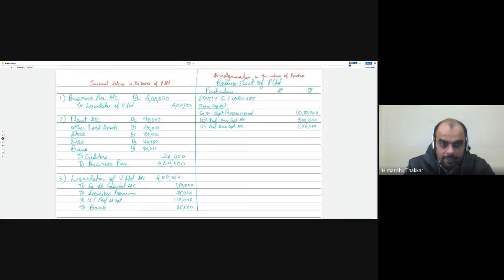After share capital comes reserves and surplus. Now you are preparing the balance sheet as per the purchase method, wherein you will focus only on the reserves of P Limited, other than statutory reserves. So we'll write only for P Limited 60,000.